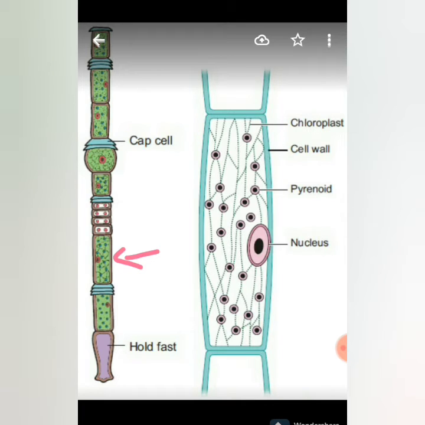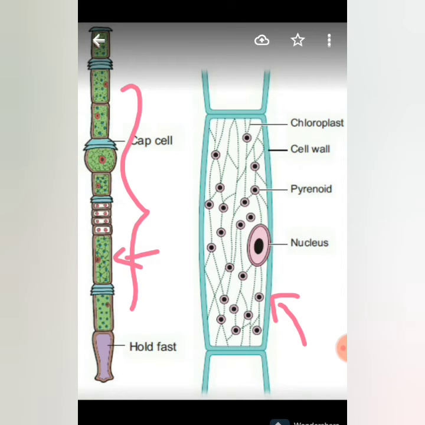Now what is there inside the cell? All these cells in between, the intercalary cells, they are longer than their breadth. As I said, they are rectangular in shape, and also cylindrical in outline.